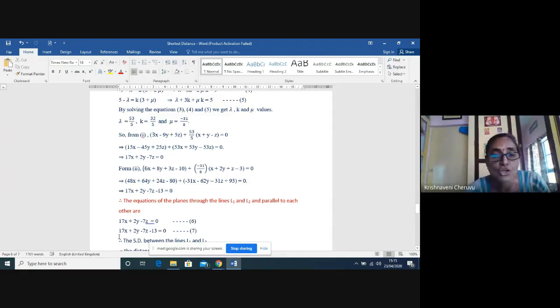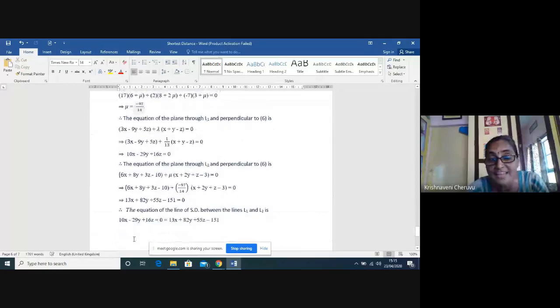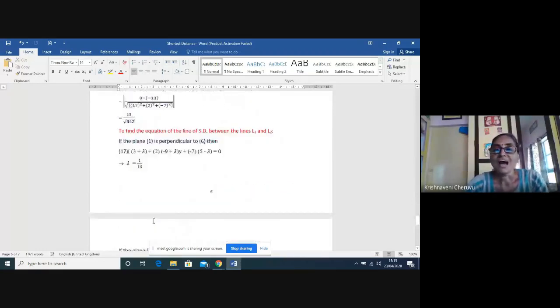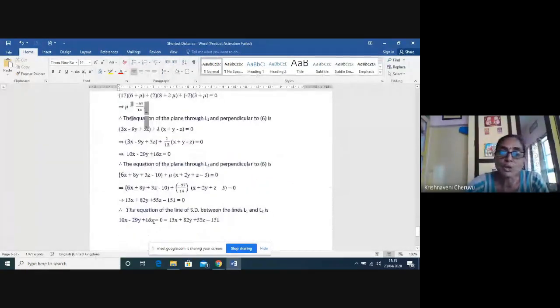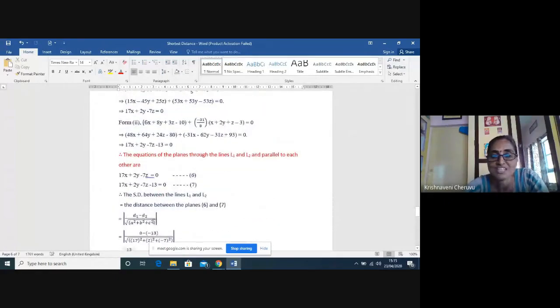So in the first step, you have to find out the planes containing the lines L1 and L2 and parallel to one another. Whereas in the second step, you have to find out the plane containing the first line and perpendicular to one of these planes. At the same time, you have to find out the equation of the plane containing L2 and perpendicular to one of these planes. Okay.